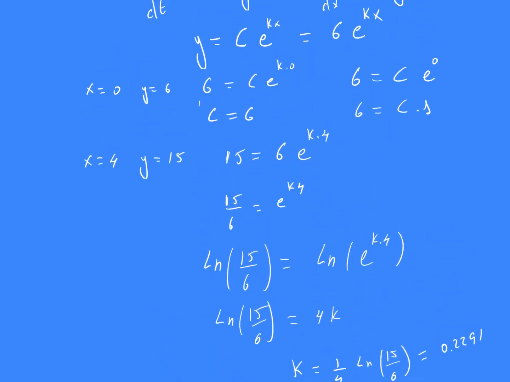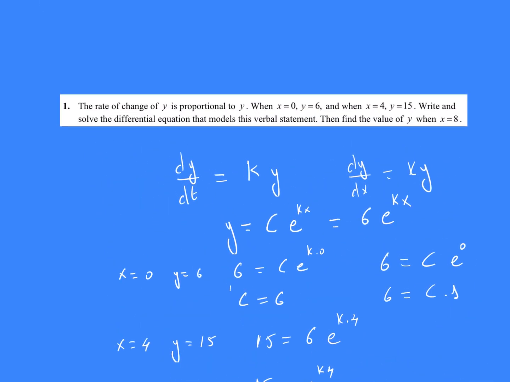So now the problem is asking to solve the differential equation that models the verbal statement. The rate of change is proportional to y. But the problem is asking, then find the value of y when x equals 8.